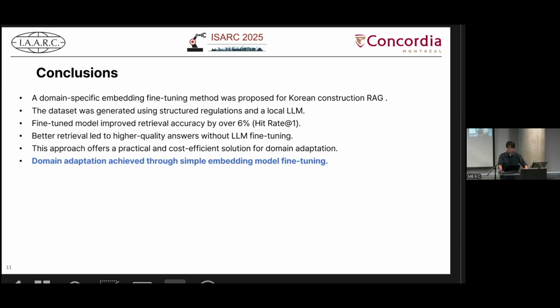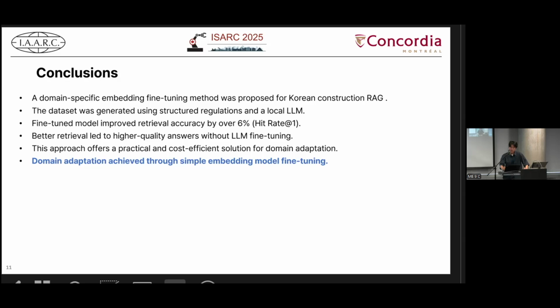So this is my conclusion. This study proposed a cost-efficient approach to improve RAG performance in the Korean construction domain by fine-tuning the embedding model rather than the LLM. The structured dataset was generated using construction specification documents and a local LLM to create entailment and contradiction pairs.